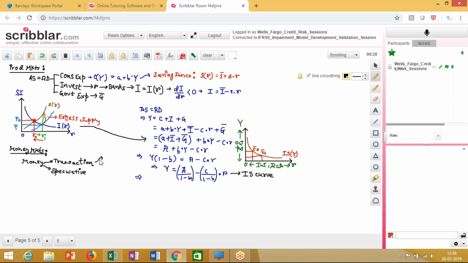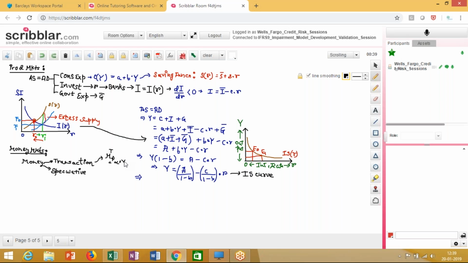So therefore, this transaction demand for money is generally positively related to our income. So the higher the income in the economy is, the higher the transaction demand is. Right? So over here, I'll call this money demand, or demand for money, with a prefix of T. And this is where you say that you have a positive transaction demand.